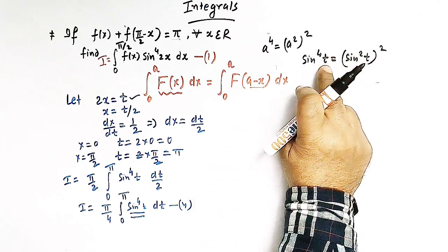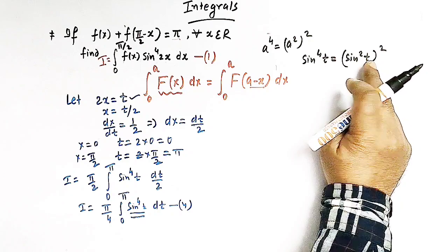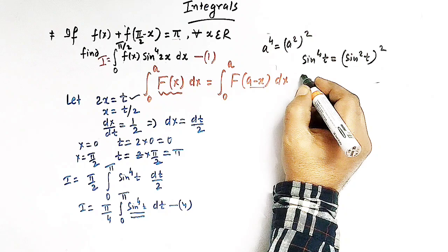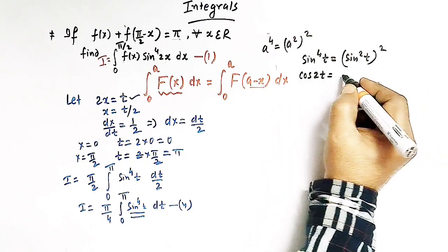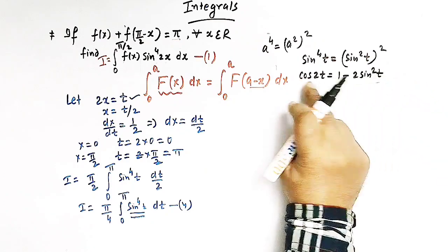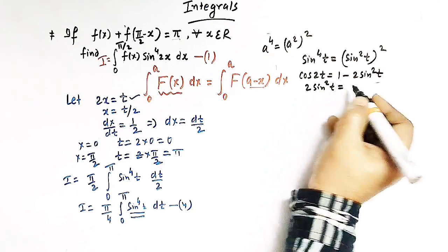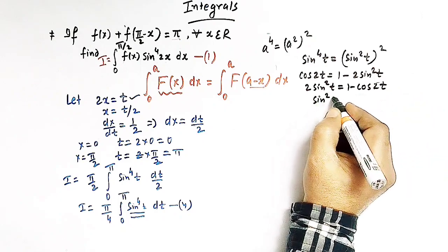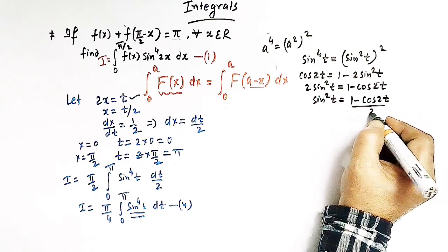Let us make use of the double angle formula for cosine function, that is cos 2t is given by 1 minus 2 sine square t, and if we rearrange the terms, then we get 2 sine square t is equal to 1 minus cos 2t, and sine square t is equal to 1 minus cos 2t divided by 2.